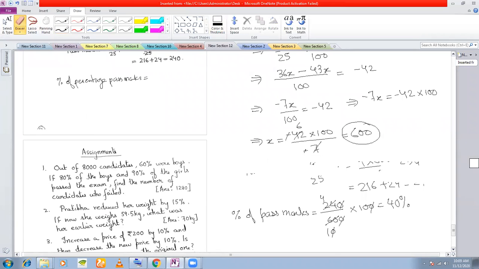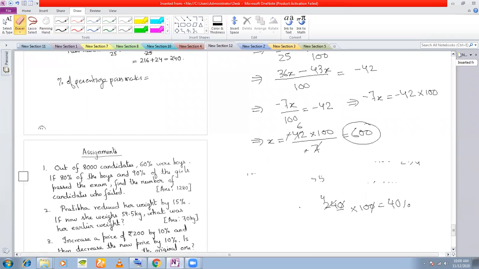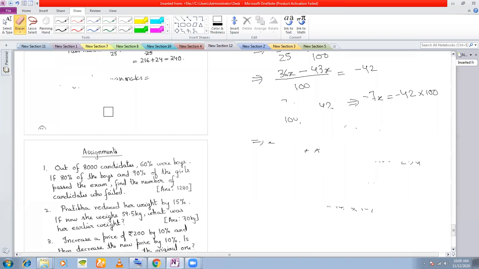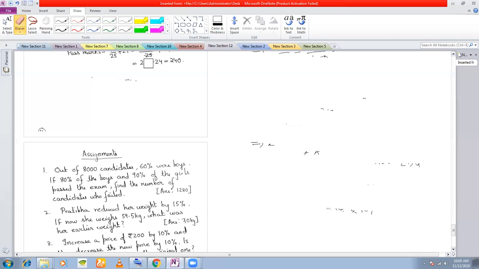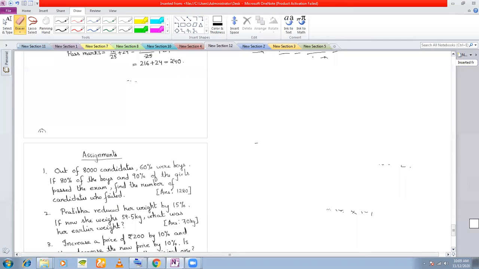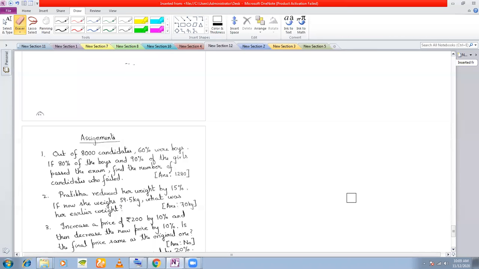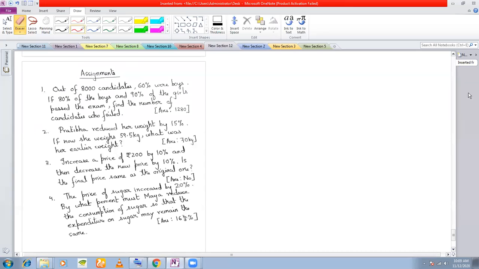Now from the assignment, let us finish the assignment very, very quickly. Question here is, out of 8,000 candidates, 60% were boys. If 80% of the boys and 90% of the girls pass the exam, find the number of candidates who failed.